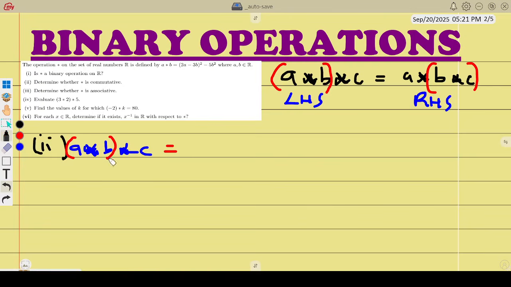So what is A star B? Meaning where there is A, we put A, where there is B, we put B. So this will be 2A minus 3B squared minus 5B squared.